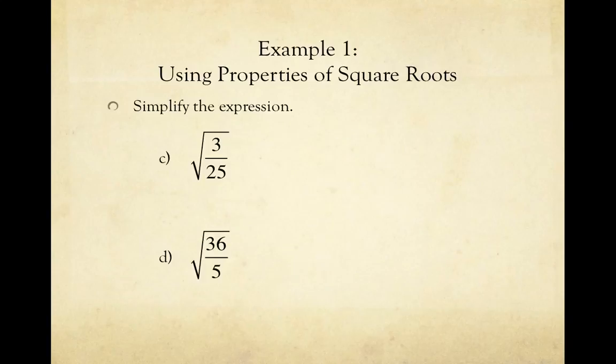All right, let's take a look at a couple of quotient problems. So in the first case, we have the square root of the quotient 3 over 25. According to the property, we can split that up into the square root of 3 over the square root of 25 separately. Then we can look at whether either of those can be simplified.